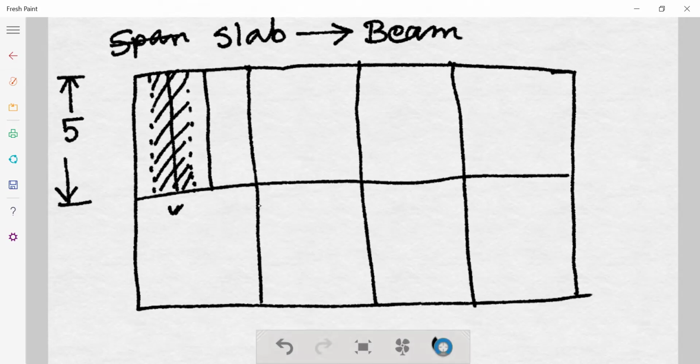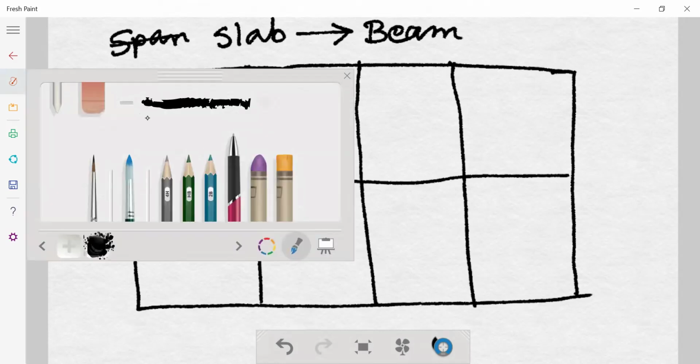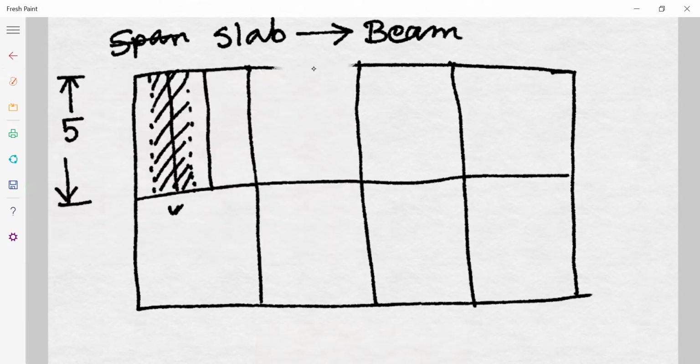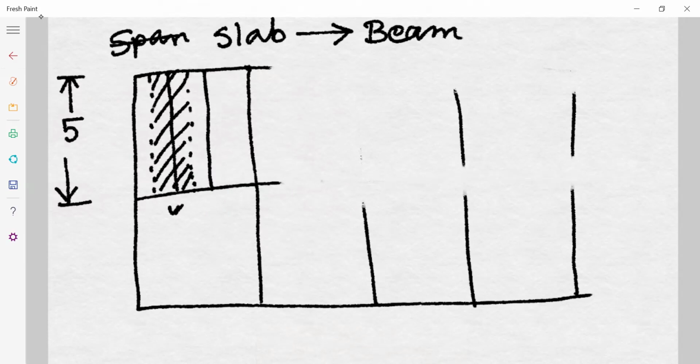So how will you know the load on this beam? Since in every panel it will be same, I'm just removing this panel. I'm just keeping this part because everywhere the design will be same only.